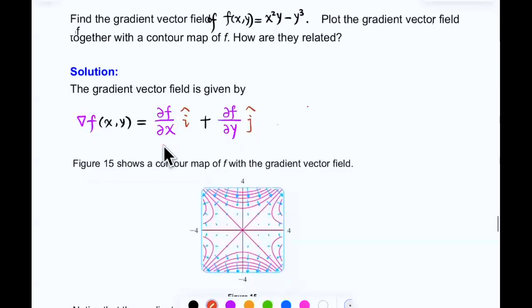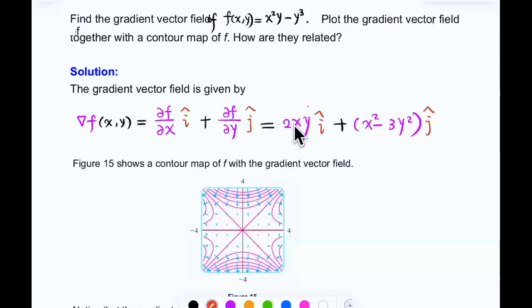Can you tell me the partial derivative of this function with respect to x? You got it, 2xy, and that is the i component. And then you add: what's the partial derivative of this function with respect to y? x squared minus 3y squared. And that will be the j component.